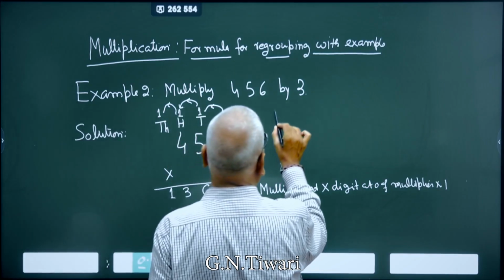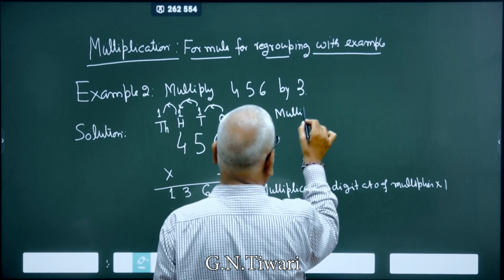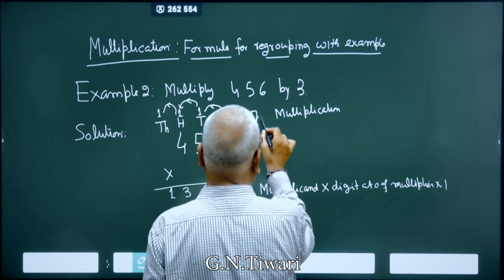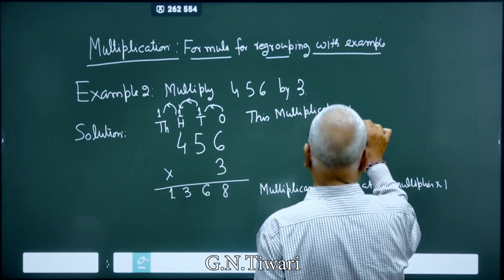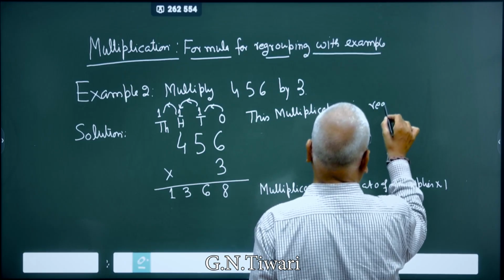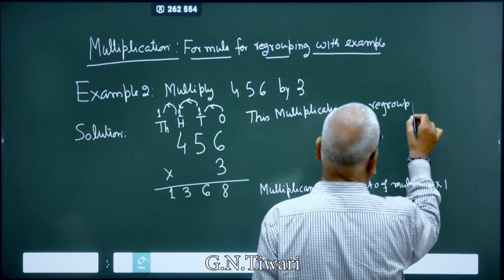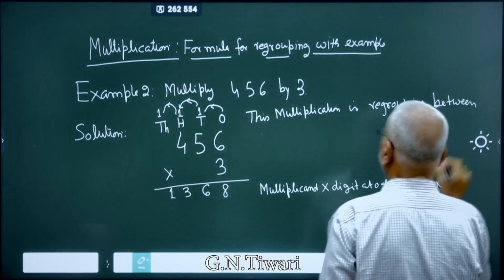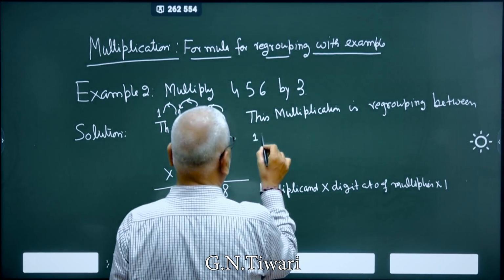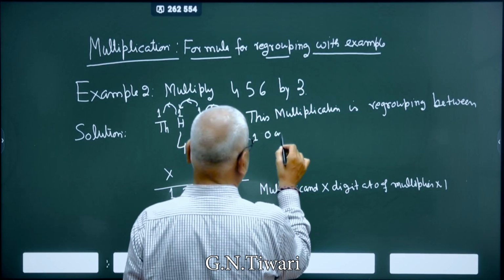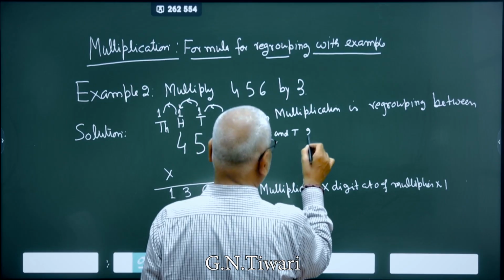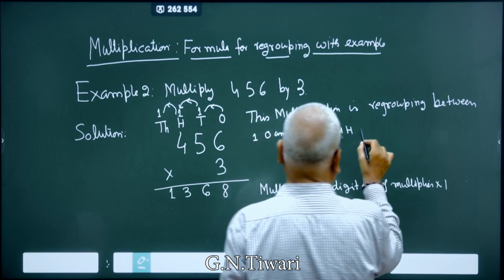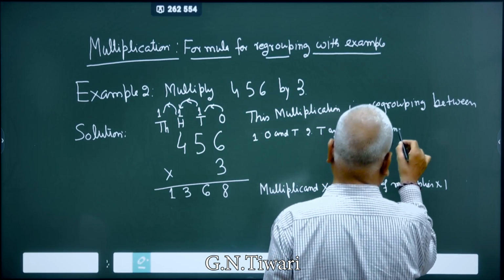So you can say that this multiplication, or such multiplication, is regrouping between, listen carefully, between first, O and T, second, T and H, and third is H and TH.